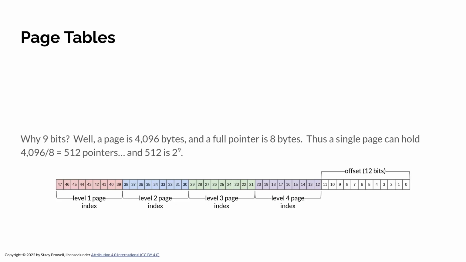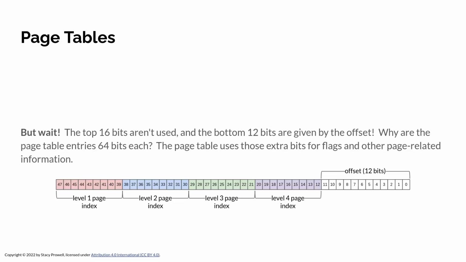Each of those is 8 bytes, so I divide 4096 by 8. 4096 divided by 4 is 1024, then divide that by 2 and it's 512. So 512 happens to be 2 to the 9th, so each of those will be 9 bits. This will make more sense once we see how it all comes together.